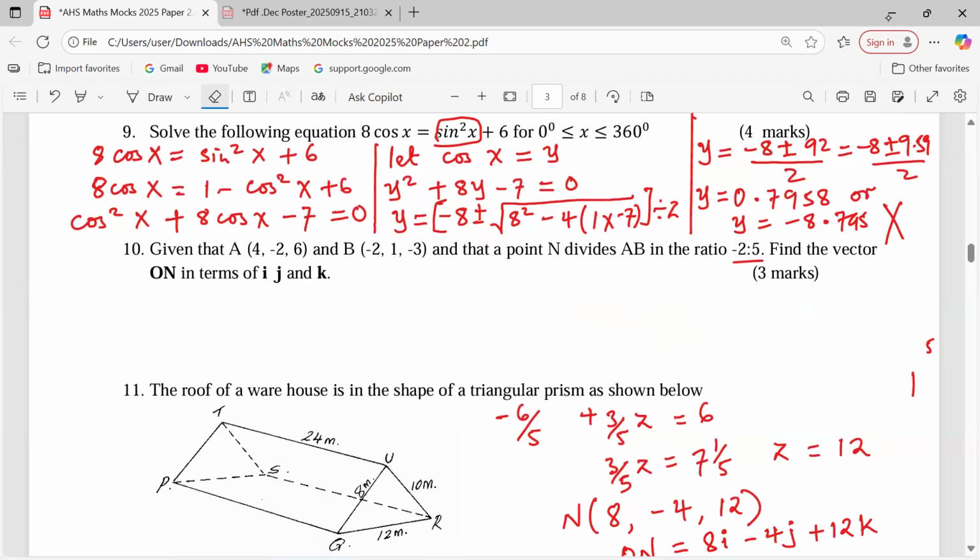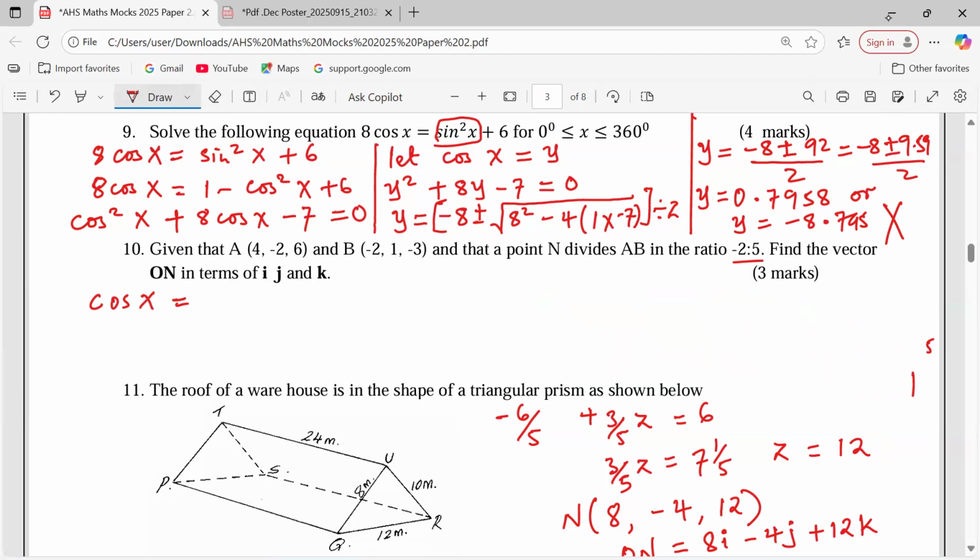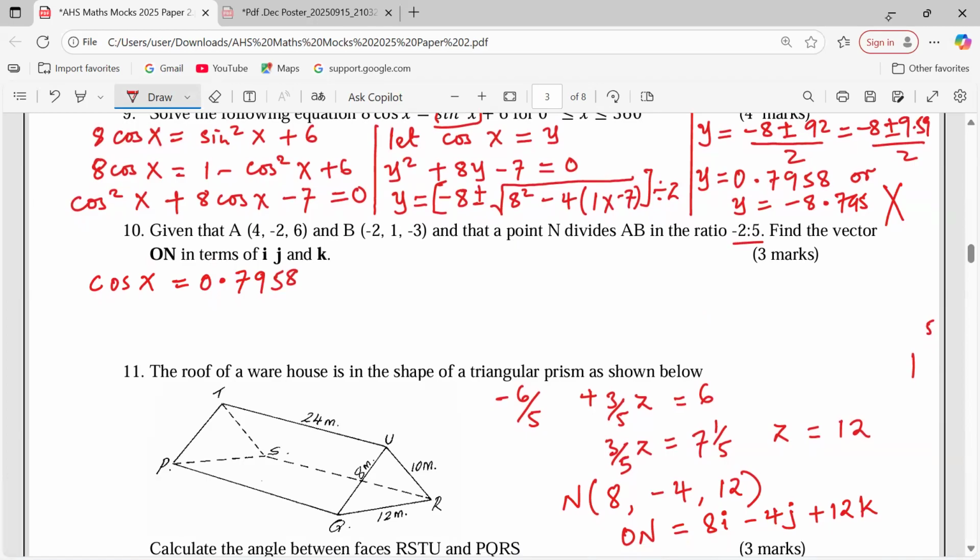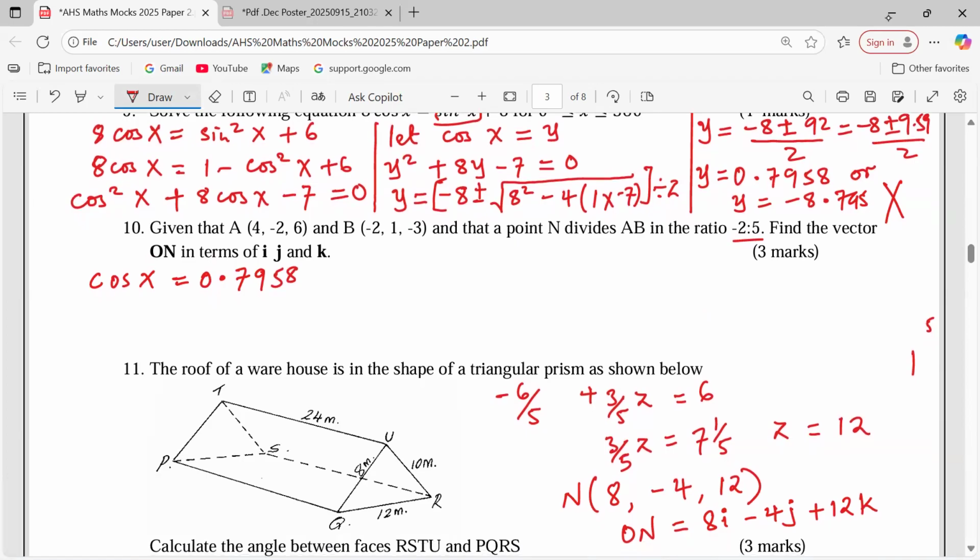So now we say this: the cosine of x, which had been let to be y, is now 0.7958. Just before we get the exact values of x, we identify a certain acute angle which is equal to the cos inverse of 0.7958.